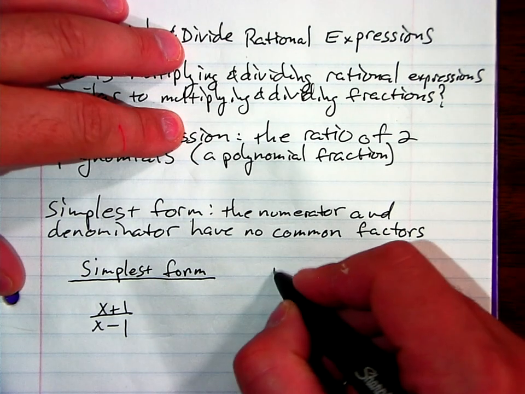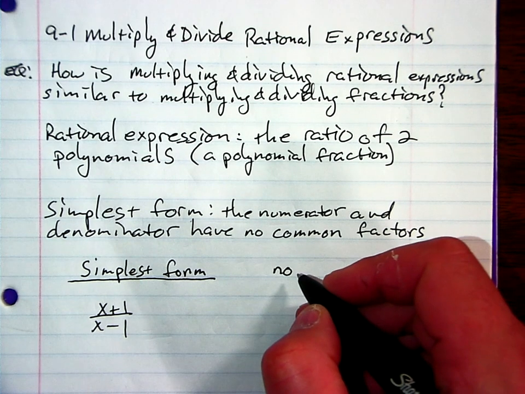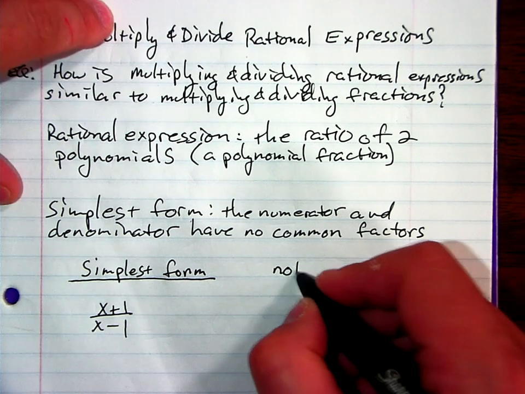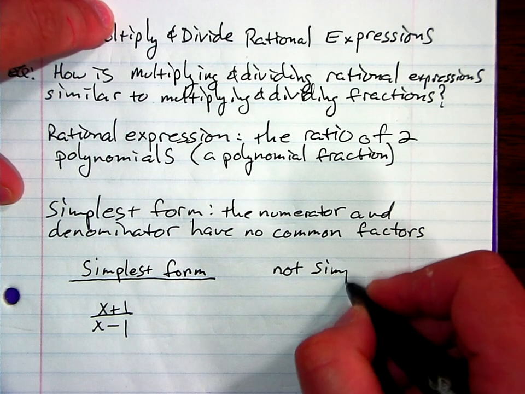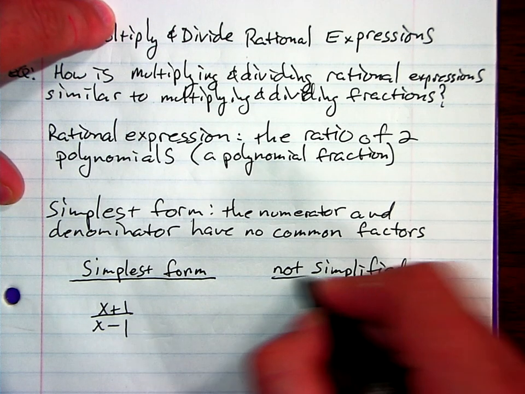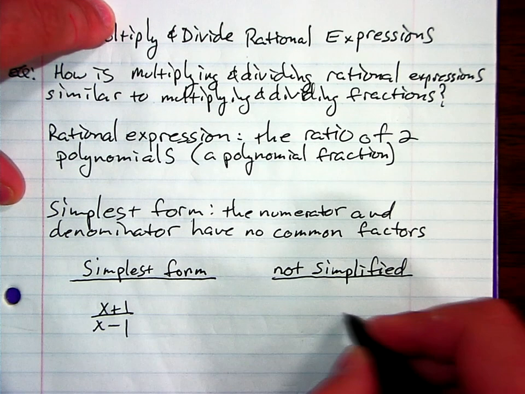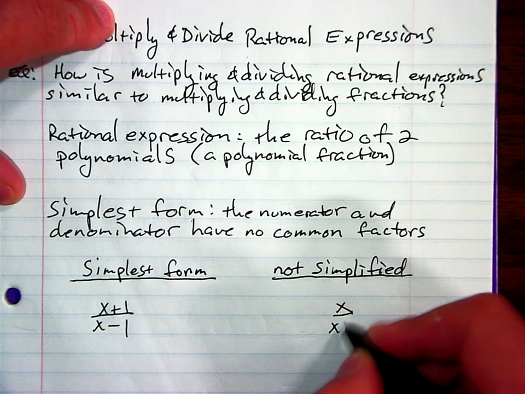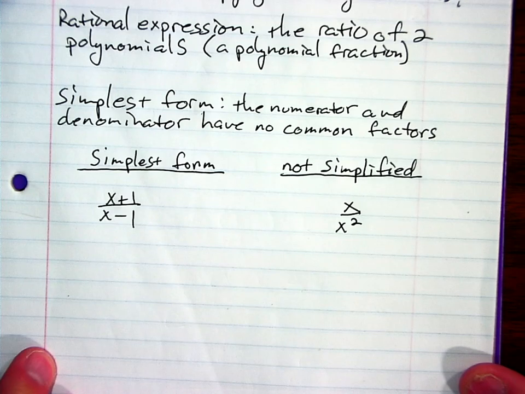What would something be that's not simplified? I could cancel an x out of the top and the bottom.